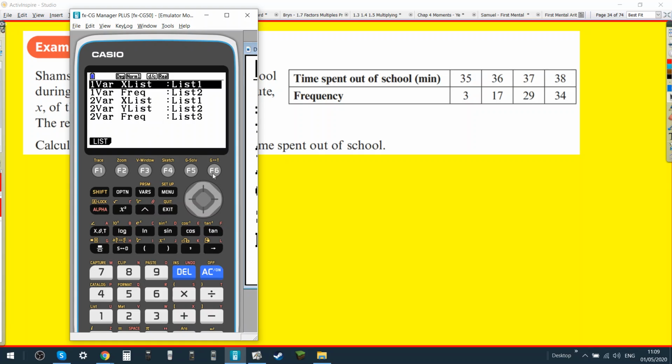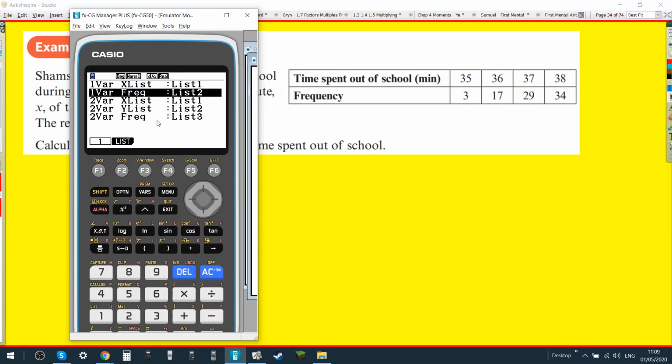Is your one variable frequency set to 1? Mine is just one. So I'd press F2 for list and change it to list 2.